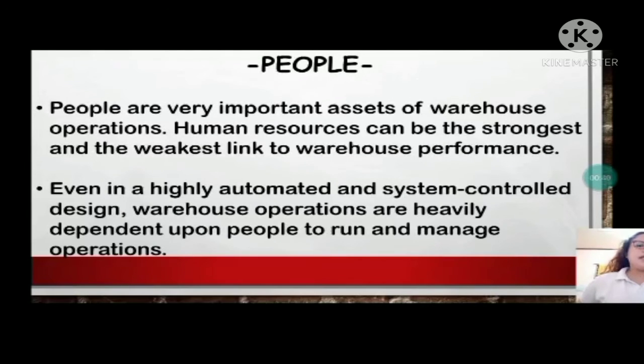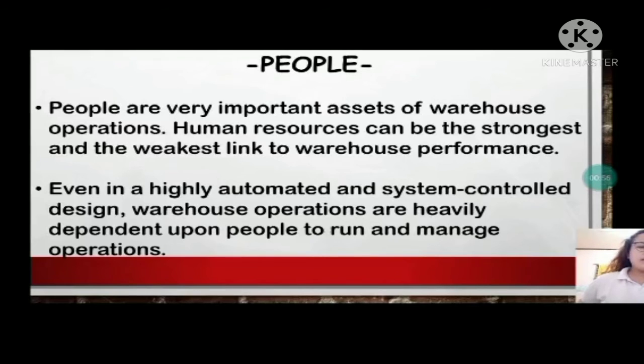So people are very important assets of warehouse operation. Human resources can be the strongest and the weakest link to warehouse performance. Even in a highly automated and system-controlled design, warehouse operations are heavily dependent upon people to run and manage operations. So in warehouse performance, the people are essential in a way that they can be useful in the operation.